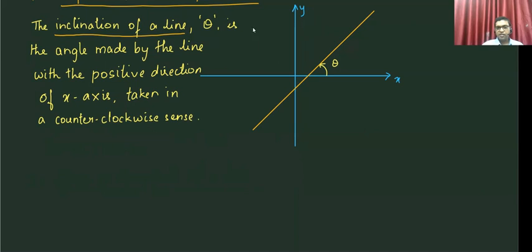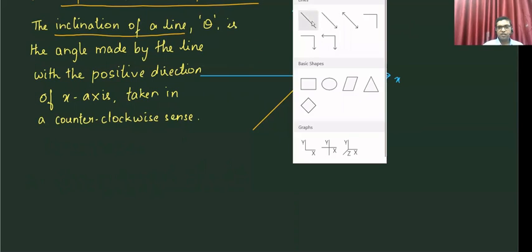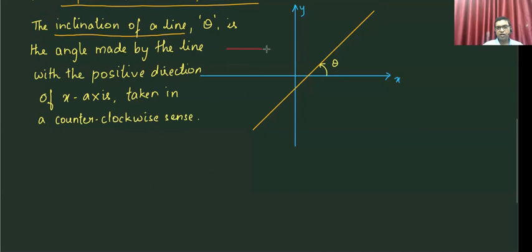See this. If the line is horizontal, I'll draw another line with red. If the line is a horizontal line, the inclination of this line is either 0 or 180, isn't it?